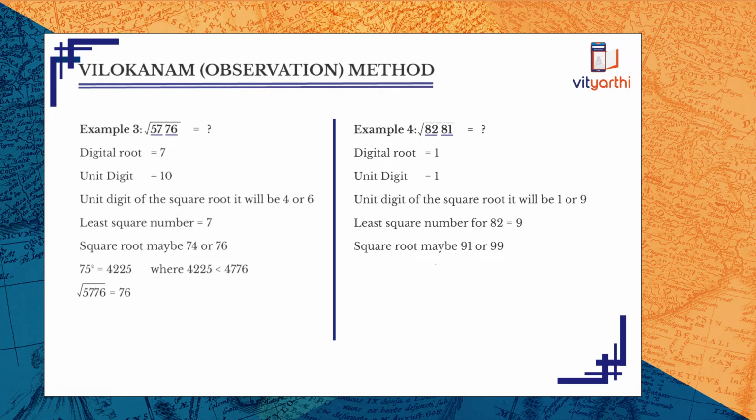Take it as 95. 95 square is 9025. And 9025 is greater than 8281. Therefore, the square root of 8281 must be less than 95. The square root of 8281 is 91.